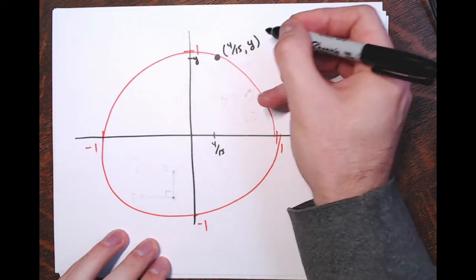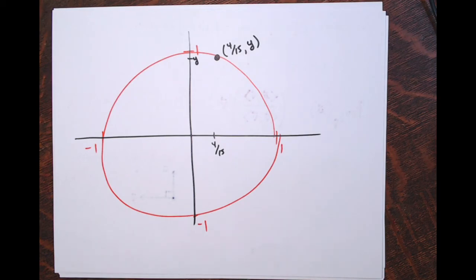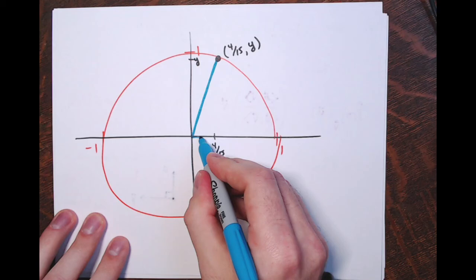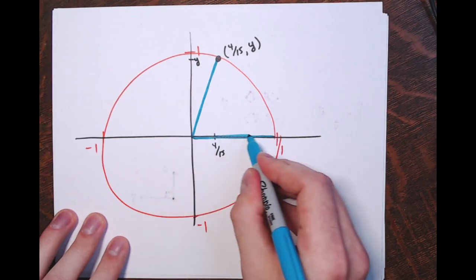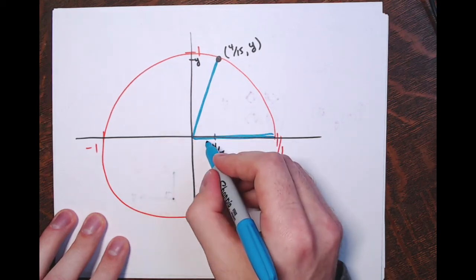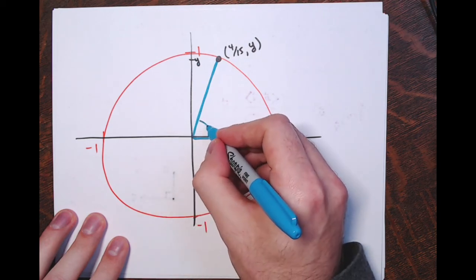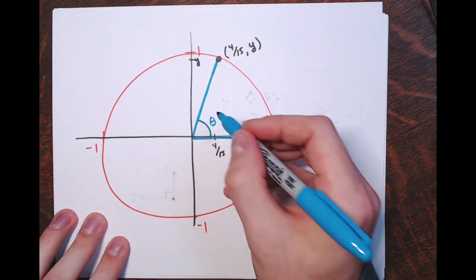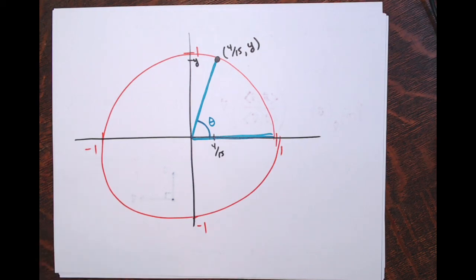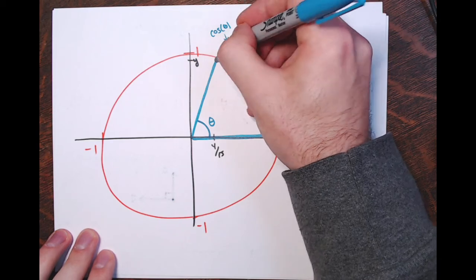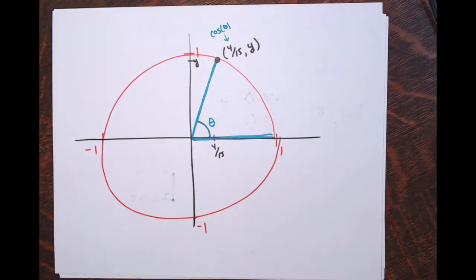There's 4/15 comma y in the first quadrant. So here's the angle that's being talked about here. Right? So starting from the positive x-axis, now I could draw a negative one, I could draw a clockwise one. This would be fine, but I'll just draw the smaller of the two. So there's the theta they're talking about. And we know that the cosine of this angle is the value 4/15, right? The cosine of theta is the x-coordinate.